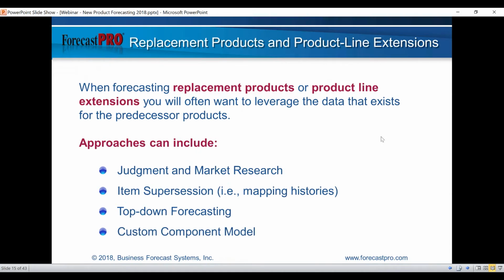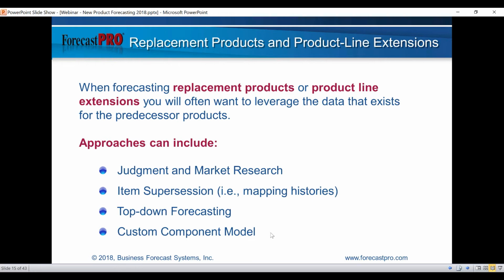Okay, so again, we're talking about forecasting methods that are effective for replacement products and product line extensions: judgment, market research, product mapping, mapping the histories to create a longer history, and top-down forecasting, leveraging information higher up.